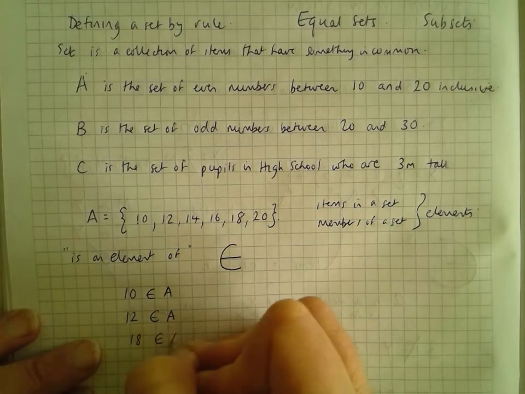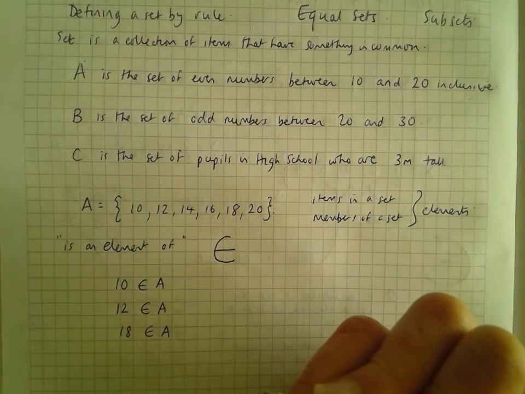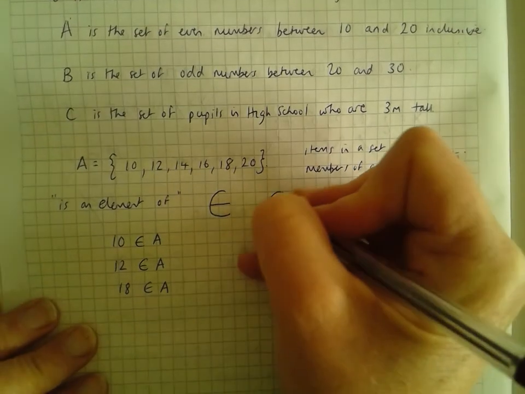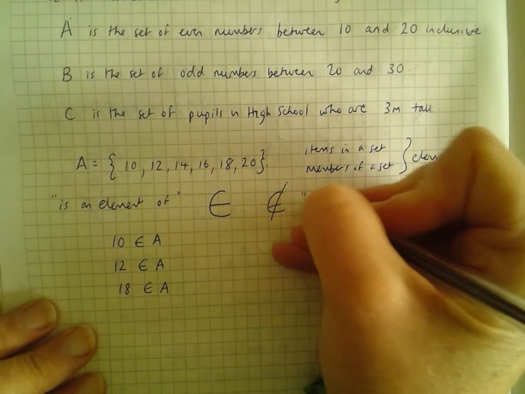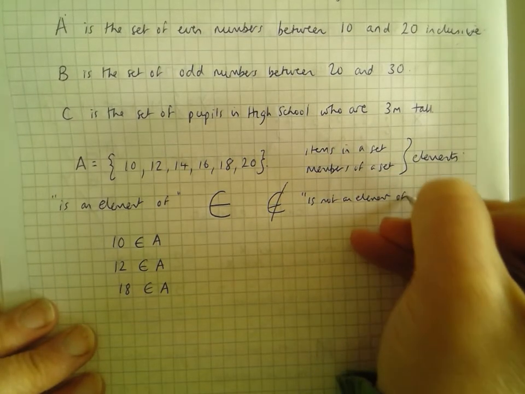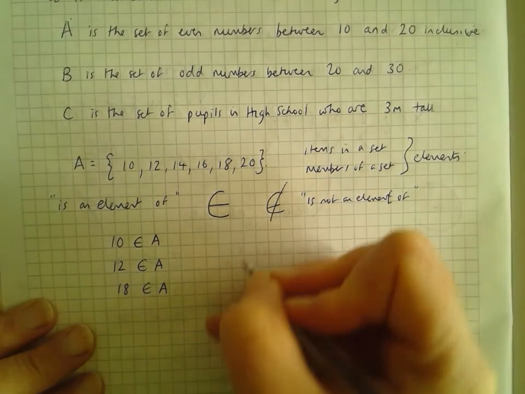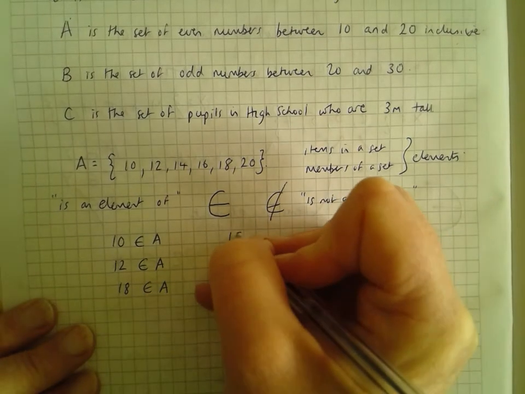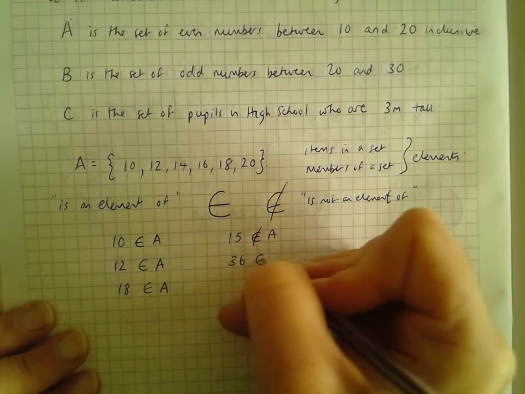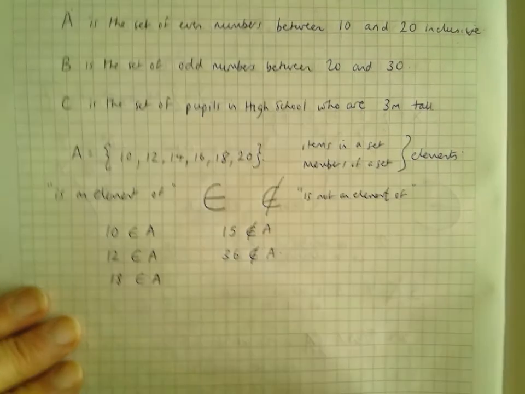If I want to say that something is not an element of a set, then I use that symbol, but with a line through it. So "is not an element of." Something like 15 is not an element of A. 36 is not an element of A, and so on. Okay.